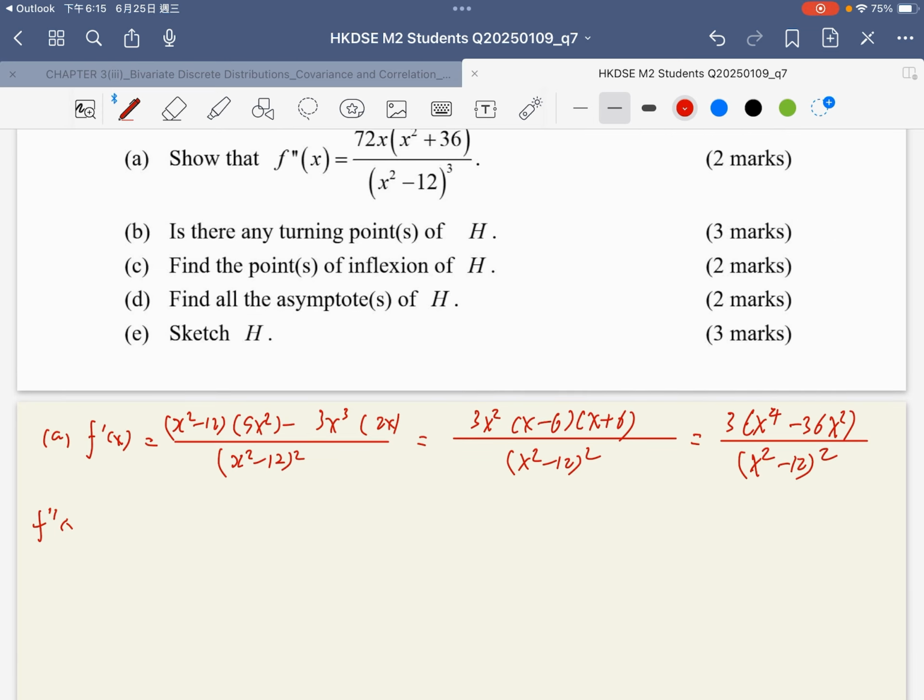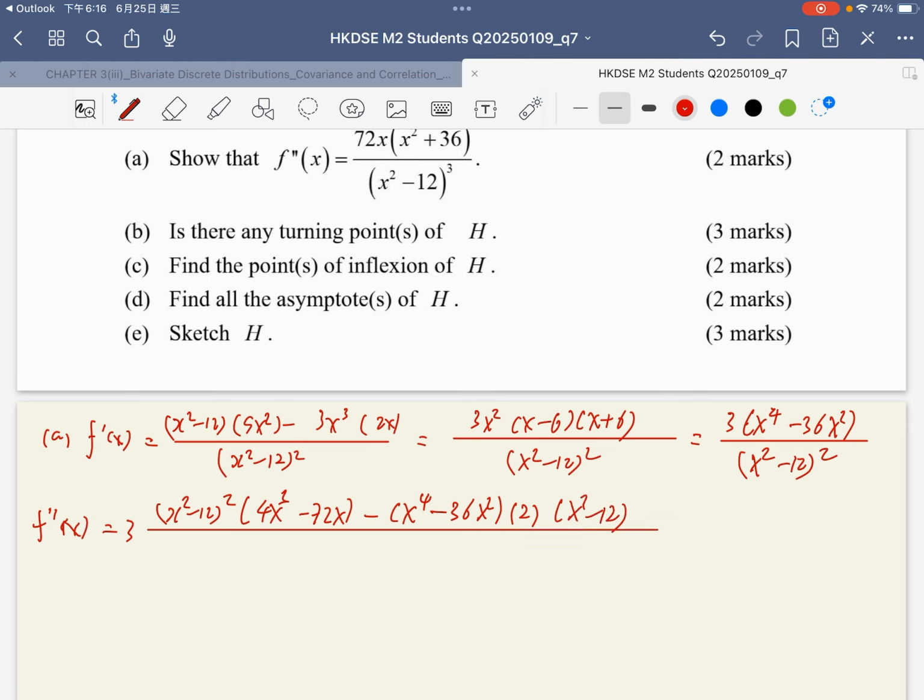And then for the second derivative, I keep the 3 outside. For the denominator times the derivative of the numerator, 4 times x to the power 3 minus 72x, minus x to the power 4 minus 36 x squared times 2 times (x squared minus 12), then times 2x. The denominator is (x squared minus 12) to the power 4.